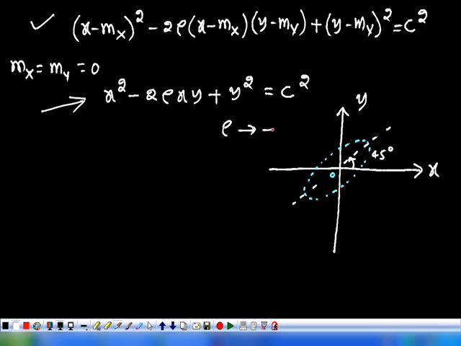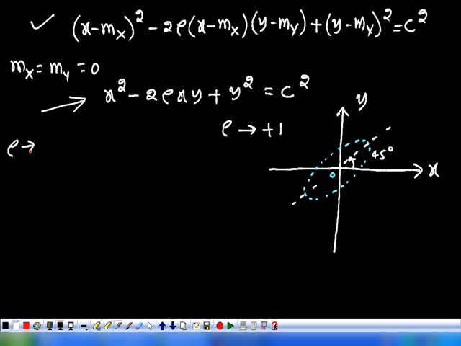When rho tends to plus 1, the equation will be like this, or the relationship between y and x will be an ellipse again. But it is making an angle with respect to the x-axis that is equivalent to 45 degrees.